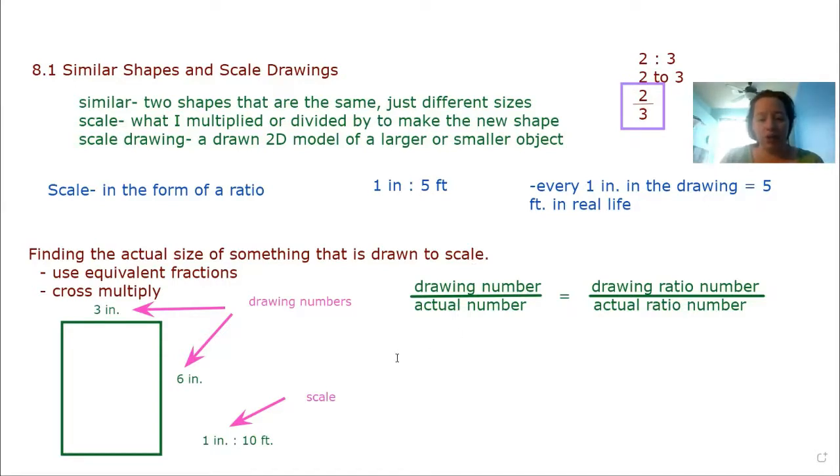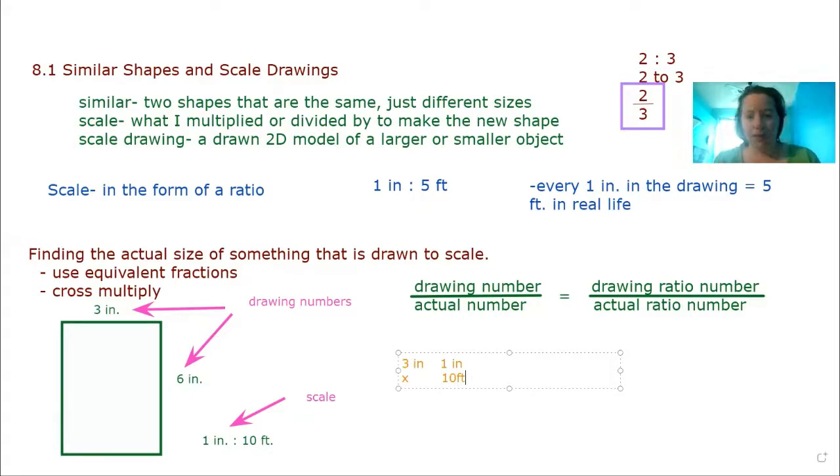So I am going to first do my drawing number of the top. I'm going to do the top first. So my drawing number is 3 inches. My drawing ratio number is 1 inch, over my actual number, well, I don't know that yet, so that's just an x, over my actual ratio number, which is 10 feet.